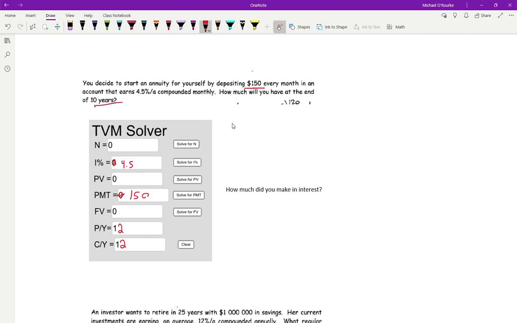So to find this end number, we take our time and times it by our compounding per year number. So 10 times 12 equals 120. So 120 is going to go here. And we're trying to find how much we're going to have after 10 years in the future.